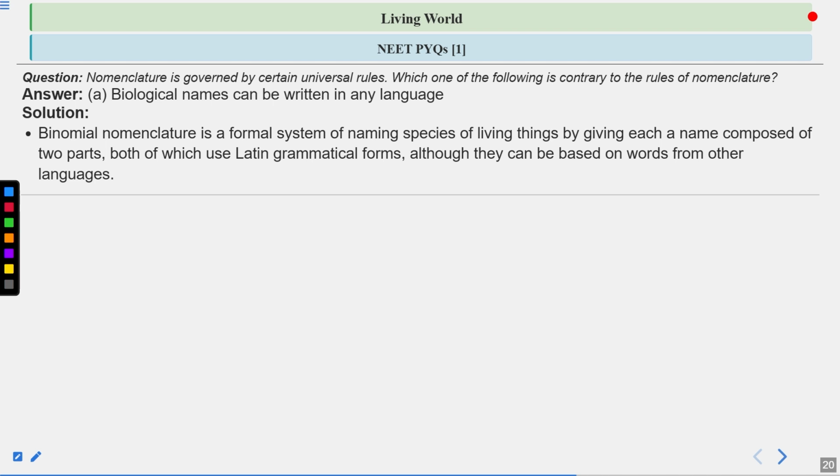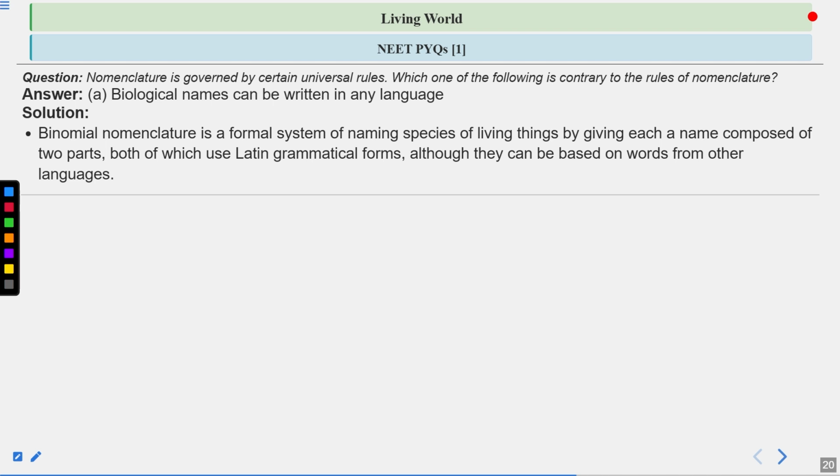The scientific names are written in Latin, and if they are printed, then they are italicized, and if they are handwritten, then they are underlined separately. The name of the genus starts with a capital letter, and the species name, the specific epithet, starts with a small letter.